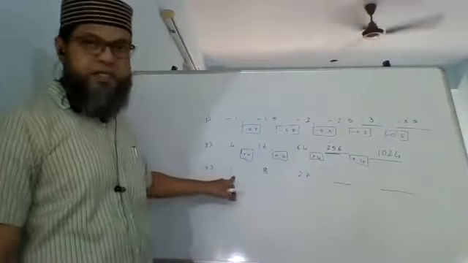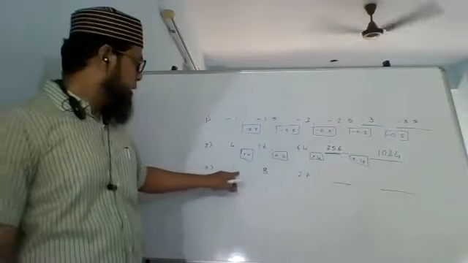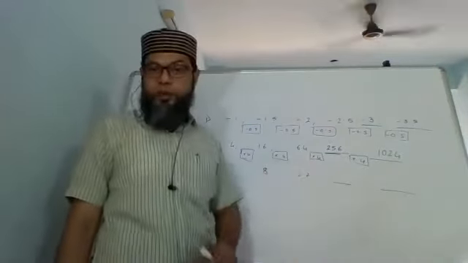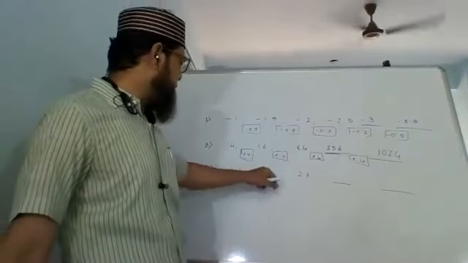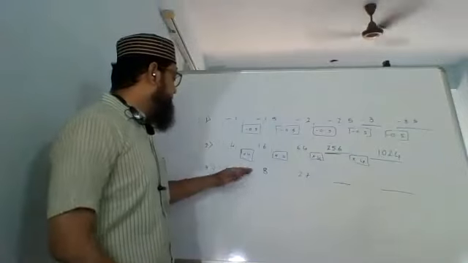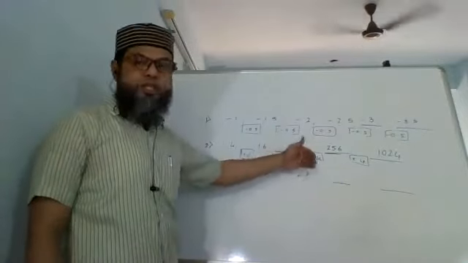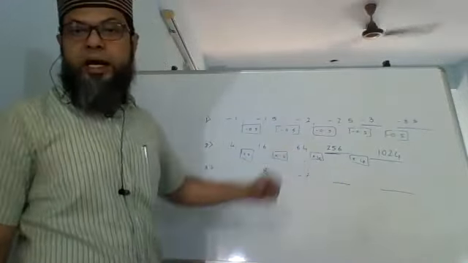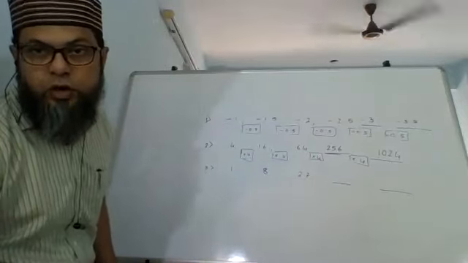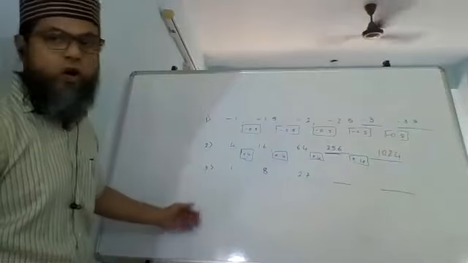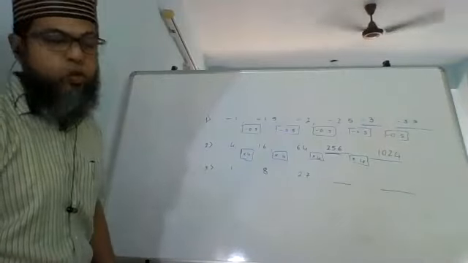Now, in this case, I don't know what logic you people are applying, but if you see, it is not multiplying by anything. Neither is there a constant increase or a constant decrease. So what is there?